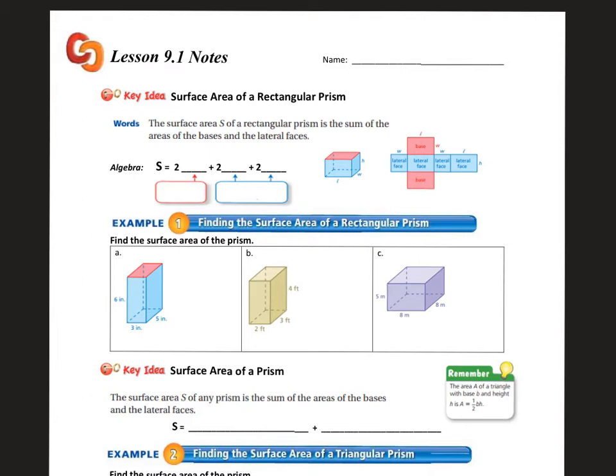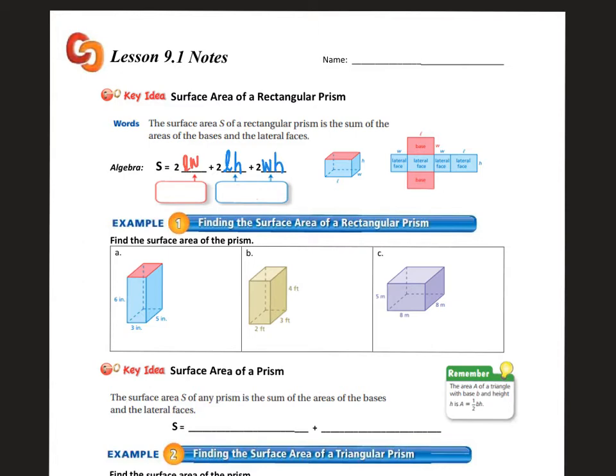We have an algebraic formula for the surface area of prisms, which is 2 times length times width plus 2 times length times height plus 2 times width times height.